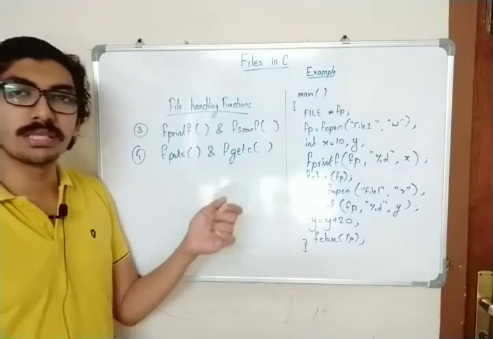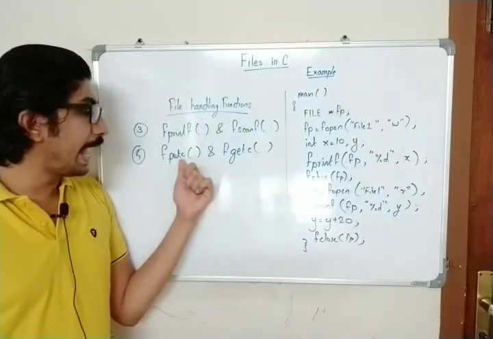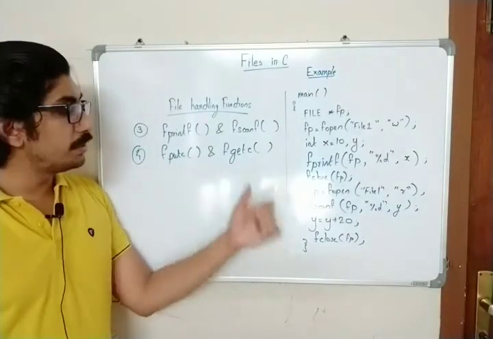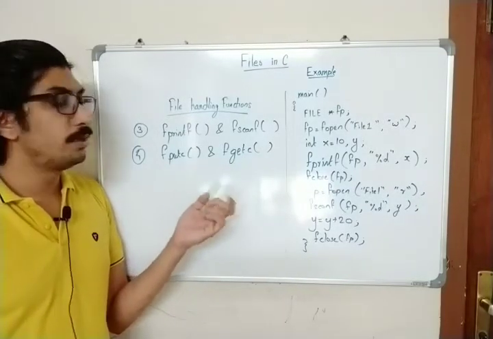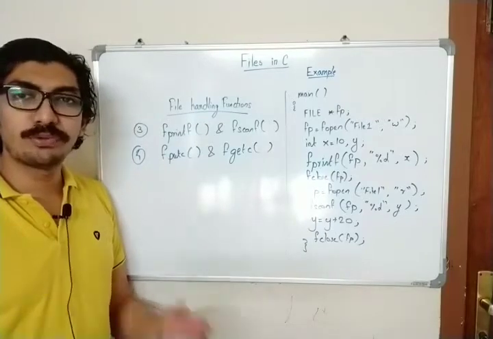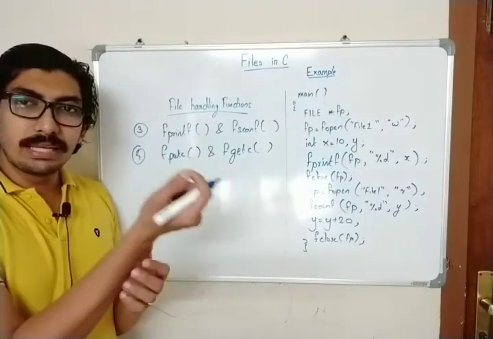As the name suggests, we are going to write character by character, and similarly here we are going to get contents character by character. So this is used when we have to operate on files on a character basis.